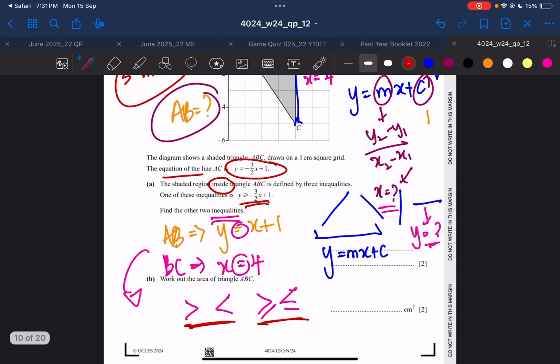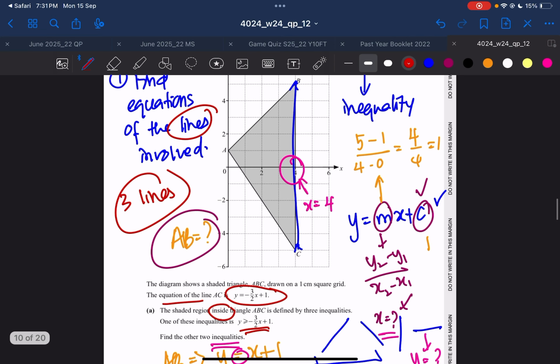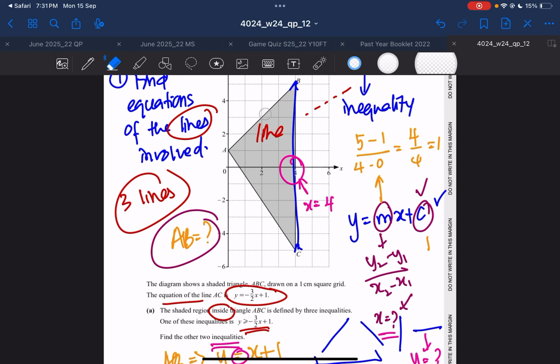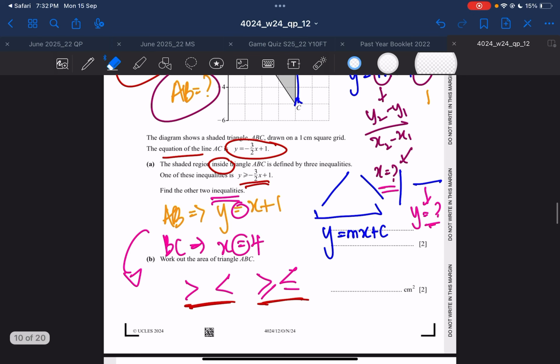One of these inequalities is this one. And then find the other 2 inequalities. So as we can see, it's a solid line. If it's dotted, that means no equal. But if it's a solid line, it means we have the equal underneath, which means we will choose the ones with equal.